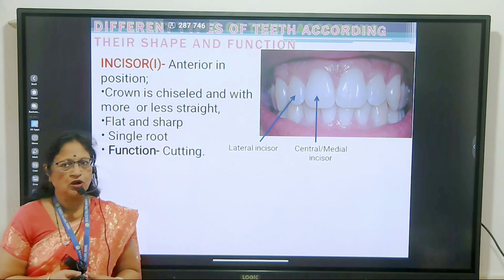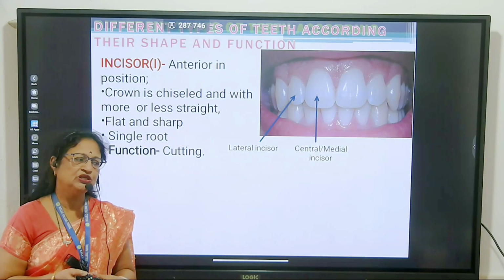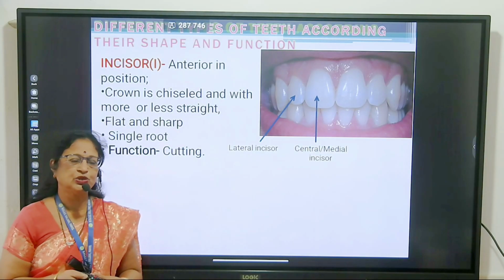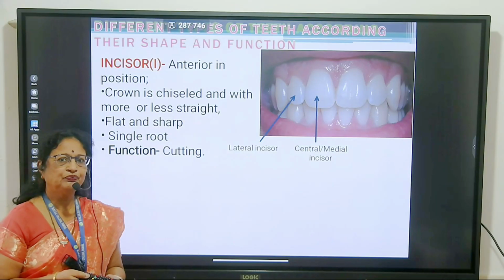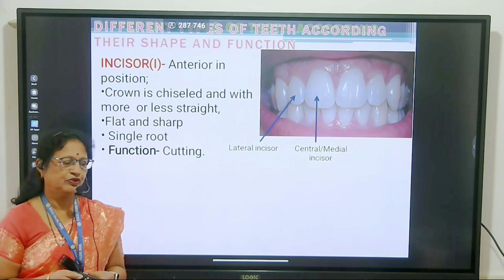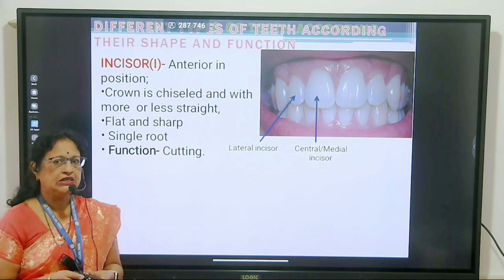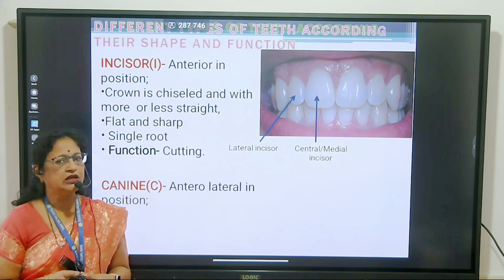They are called central or medial incisors, and the teeth present at the side are called lateral incisors. These teeth have a single root, and the function of these teeth is cutting. So these teeth are useful for cutting the food.